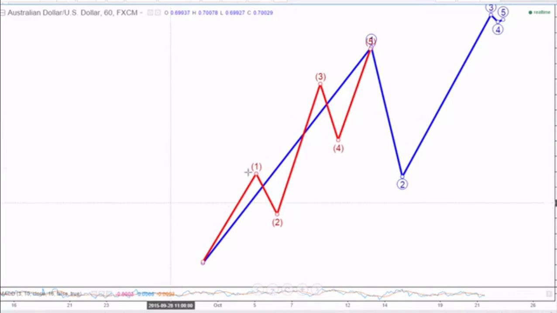So now you have the primary trend, you have the intermediate trend, and then you have the minor trend. The minor trend basically is this.